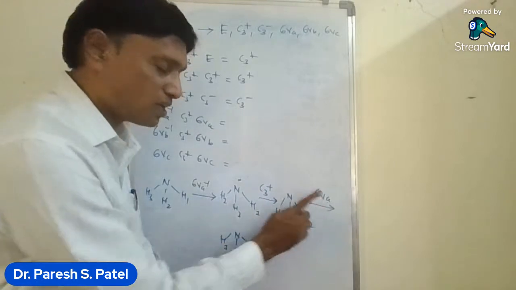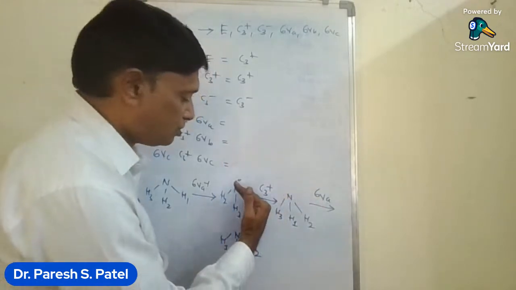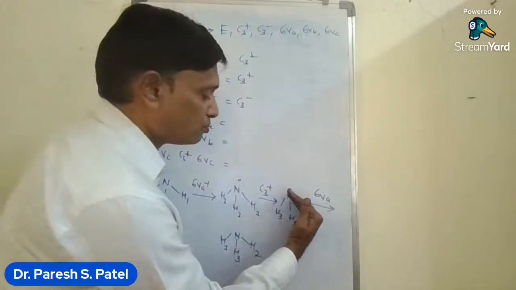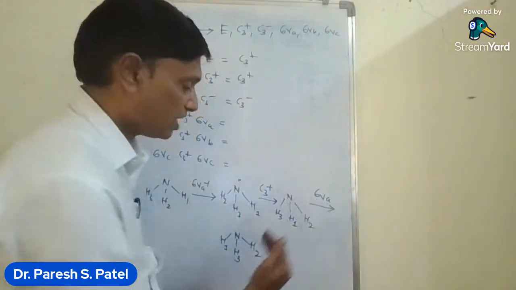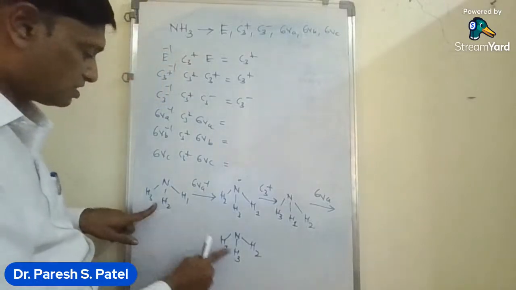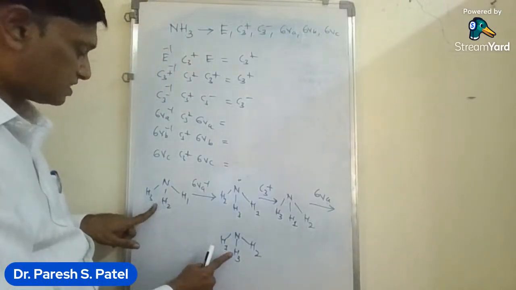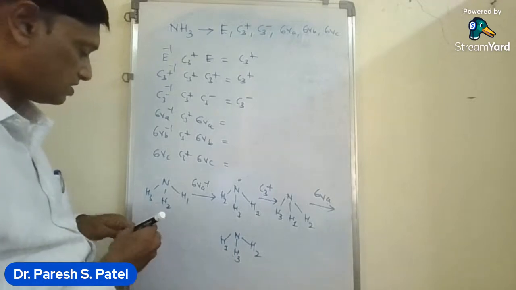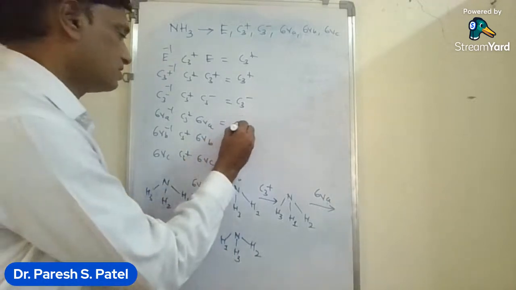Suppose sigma Va corresponds to hydrogen 1. So this is the position of hydrogen 1. So we have to put a mirror over here on hydrogen 2. So this is the resultant. So this is nothing but the C3 minus.